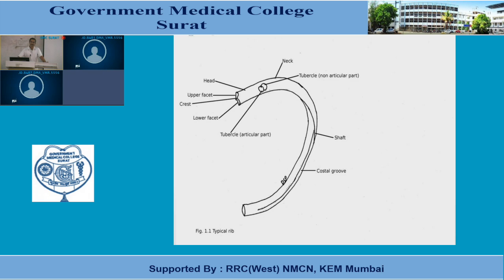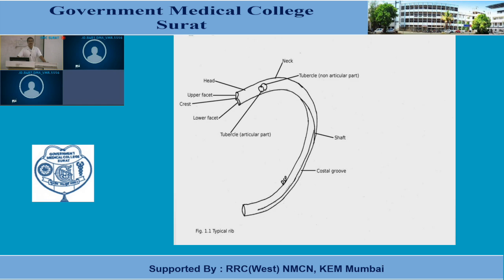Here in relation with this costal groove, there are intercostal nerves and vessels. These are present in the costal groove between the internal intercostal and intercostalis intimus muscle. It will form a neurovascular plane between these two muscles.